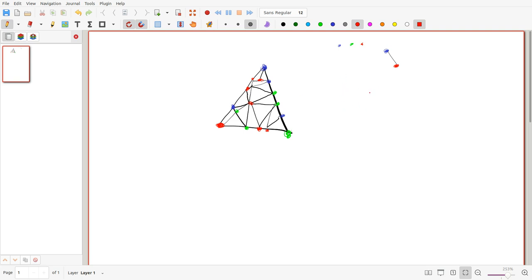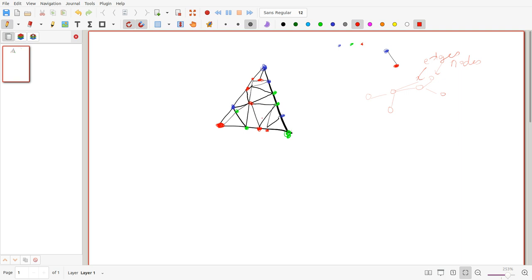A graph is simply a collection of entities called nodes, and some lines or edges between them. This might represent some kind of relation or connection between these. So these guys I'm going to call nodes. And these guys I'm going to call edges. Edges join nodes. This is pretty standard nomenclature for graphs.